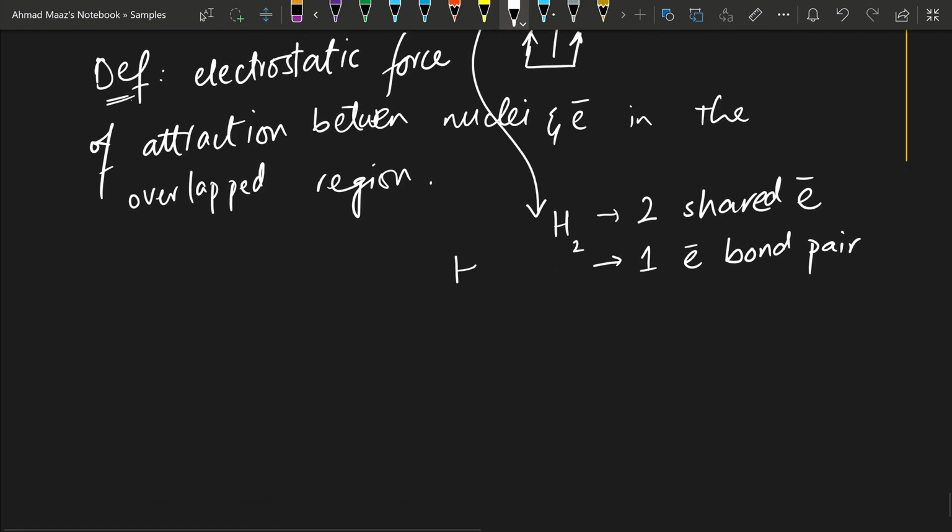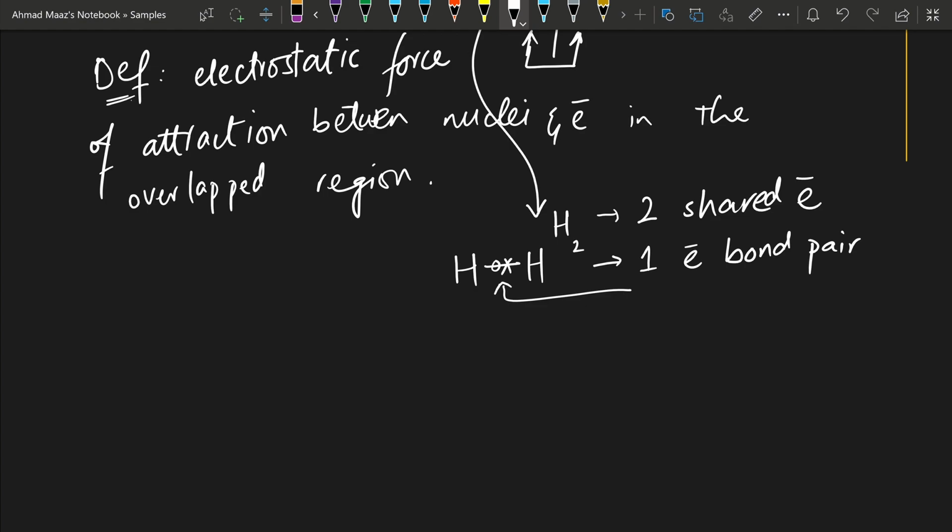If I write it like this, both hydrogens have shared one electron, and we call this an electron bond pair. So this is the hydrogen molecule, the covalent bonding in the hydrogen molecule.